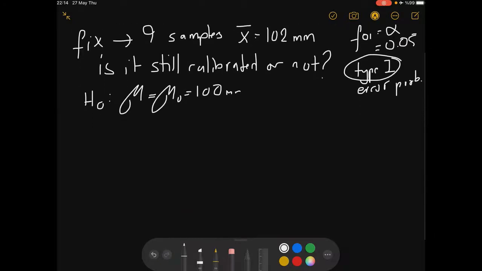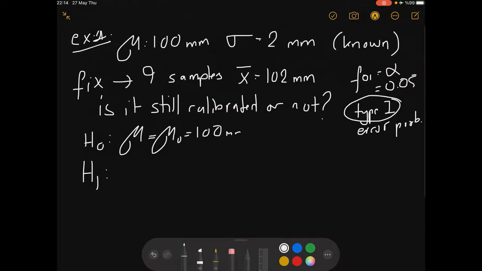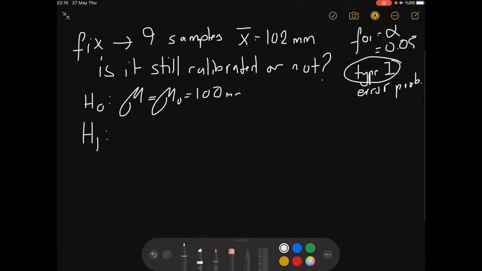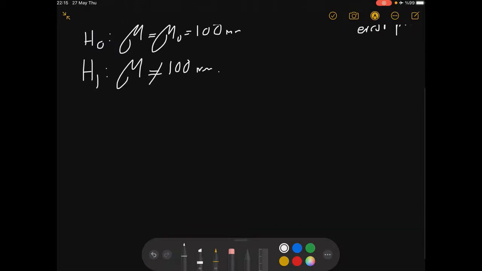And your alternative hypothesis in this case is, look at this, is it calibrated or not? It can be less than or higher, so both of them are within our interest here. So mu is not equal to 100 millimeters would be your alternative hypothesis here.